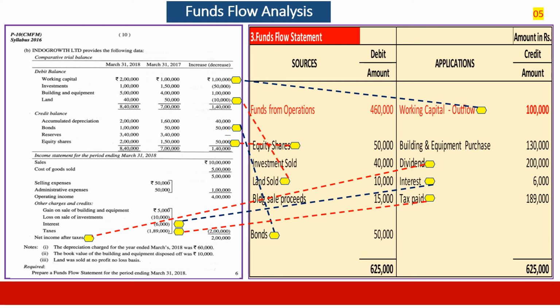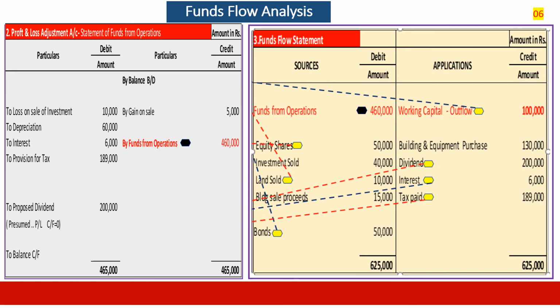We have to collect the balance items from our adjustment workings and also from the profit and loss adjustment account which we have prepared. We are going to do that keeping the same account. We go to profit and loss adjustment account and we find out what items we could get. From there we post the funds from operations figure. That is one figure which we post from profit and loss adjustment account.